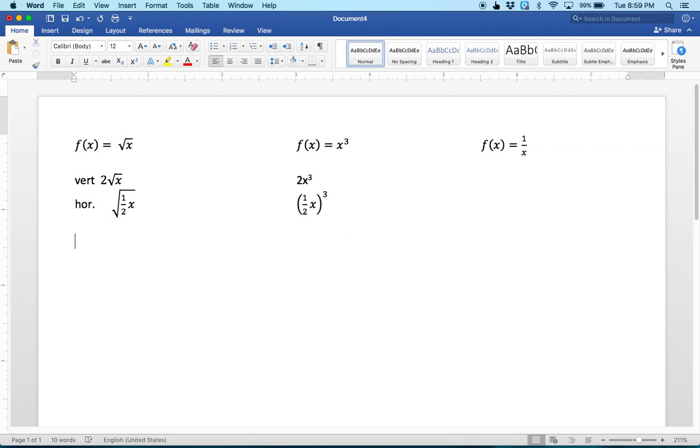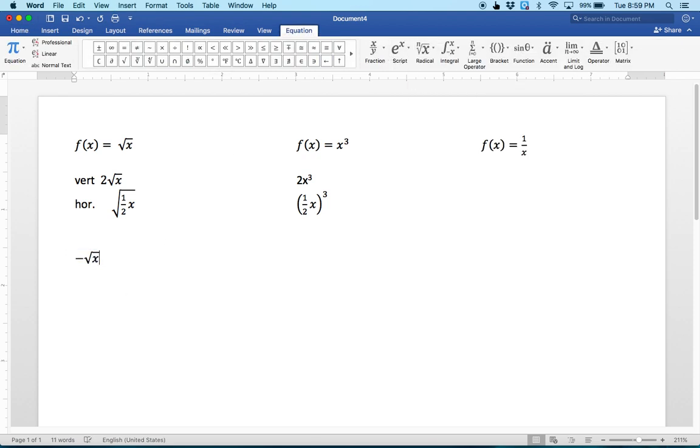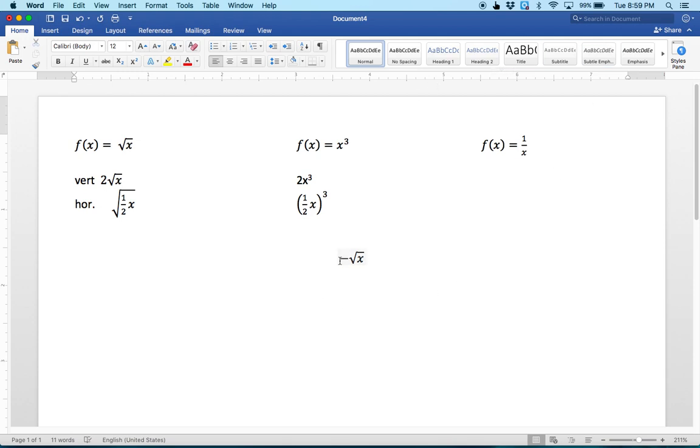Now, if it came to reflections, a vertical reflection would happen on the outside of the square root. So it would look like that. And by vertical reflection, I mean over the x-axis. If you think of your hand flipping up and down, that's why I'd classify that as vertical.